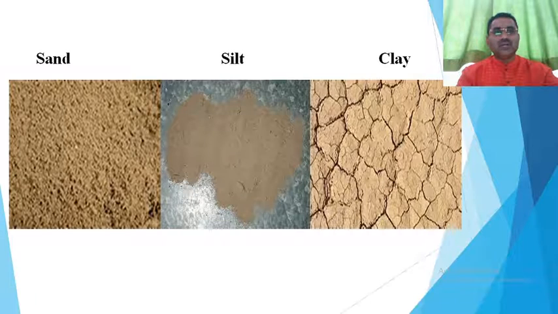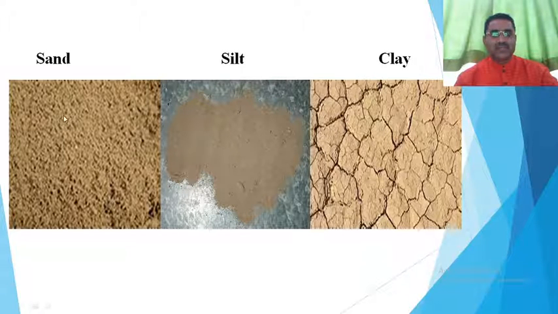This is the diagrammatic presentation of sand, silt and clay. You can see here in the diagram, sand is granular and silt is again finer than the sand, and clay is much finer than the silt. So size also decreases from sand to silt to clay.